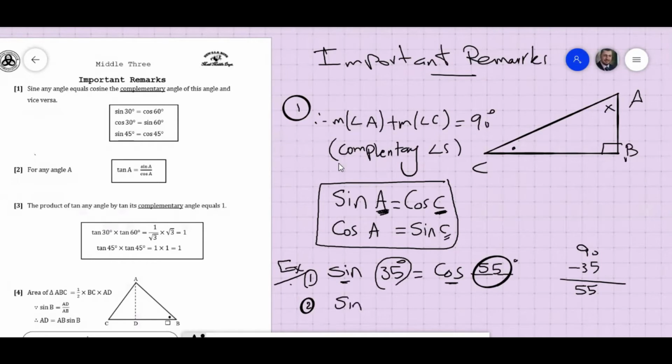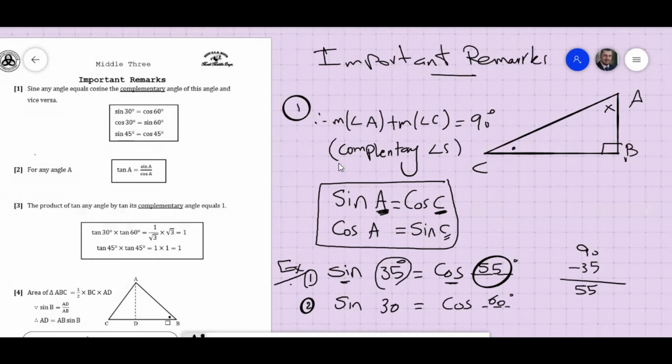The second one, if I give you sine 30 equals cosine dots. You can get this one from the special angles which we talked about before. Sine 30 equals half. And which angle whose cosine also equals half? Excellent. It will be cosine 60.